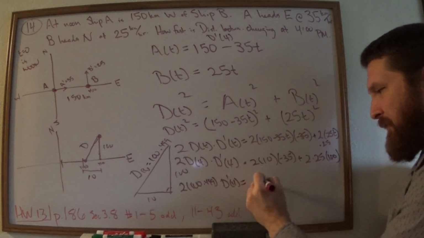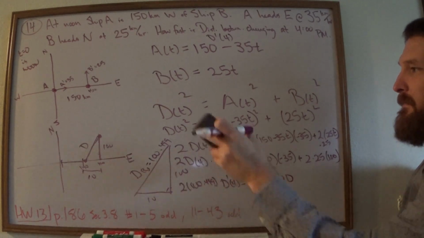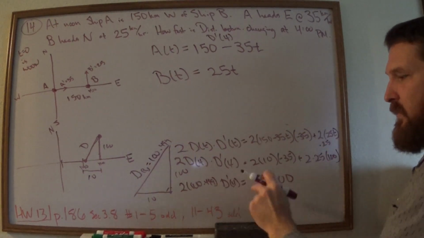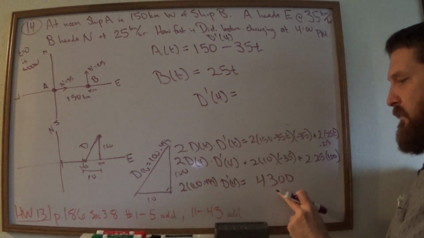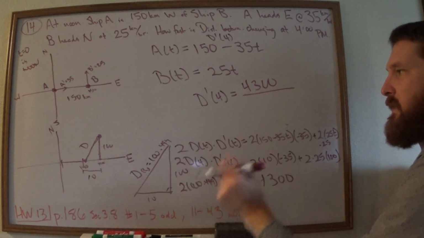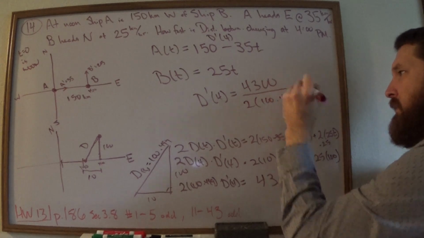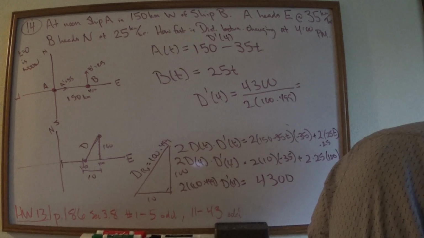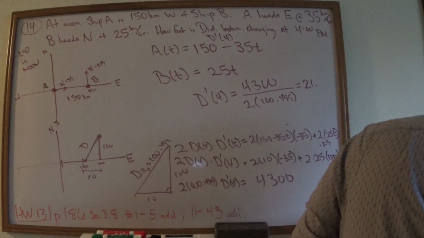It does. So 4,300. And so now I'm going to bring it back up to here. Let me get rid of this. D prime at 4 is equal to 4,300 divided by 2 times 100.499, which works out to 21.393.